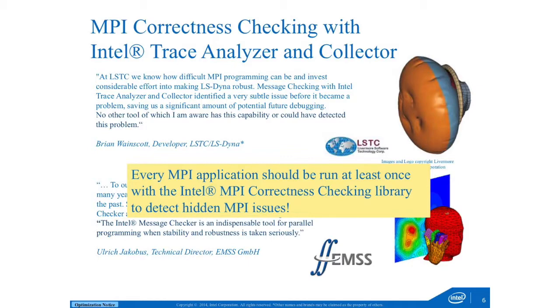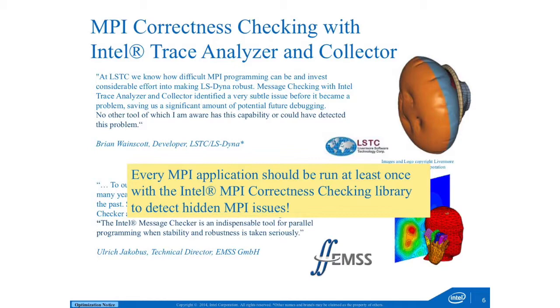And here are two customer statements. Frankly, they are quite old, but nevertheless they are still important. Here, people from LS-DYNA found a long-lasting error that they never thought about before, and that's probably happening once in a while.